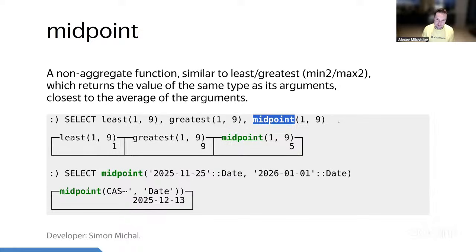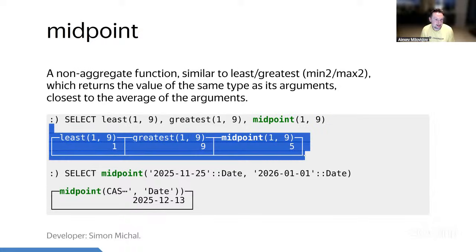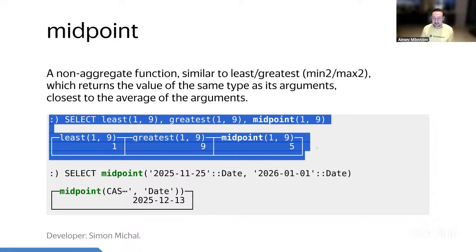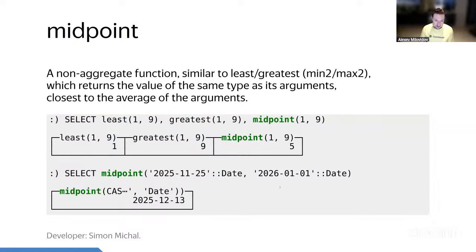And in this example, it is not really convincing why we need to have this function. But actually, it becomes more interesting because it can take date and datetime data types, and it will return the closest value to the average of the arguments, but the value of the same type.